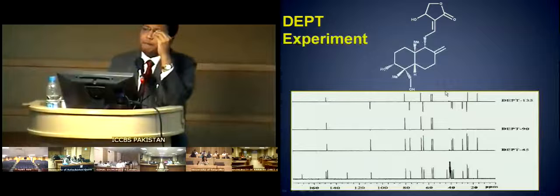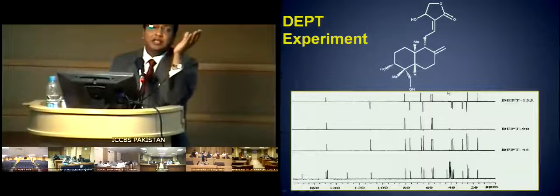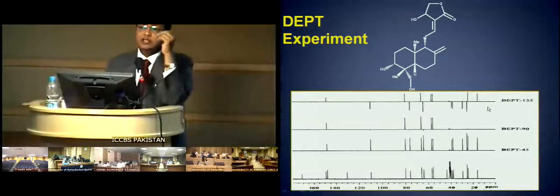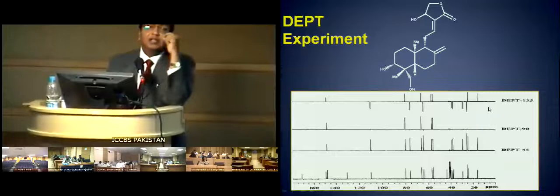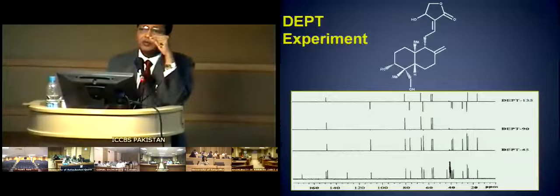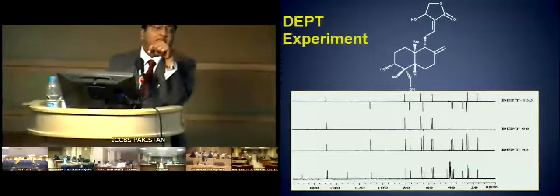You see, I told you last time that there is SINEPT, selective enhancement by polarization transfer, in which you have a large molecule and then you can give a selective pulse to only one proton. And when you give that, the coupled carbon increases in sensitivity, right?